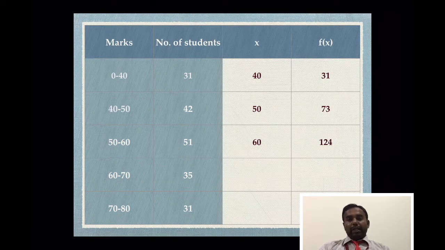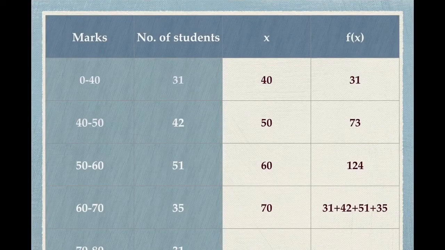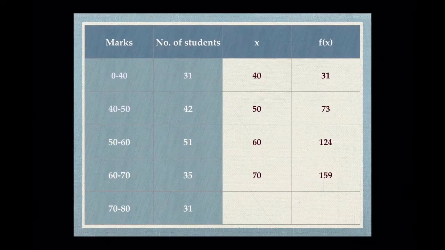In the next stage, I will be considering below 70, which will be 31 plus 42 plus 51 plus 35, which will be 159. And finally, below 80, with the same logic, I am getting 190. Is it clear with everyone?